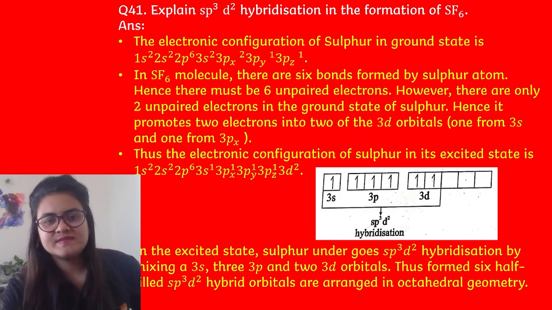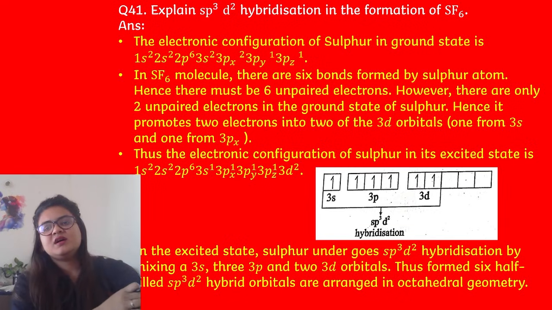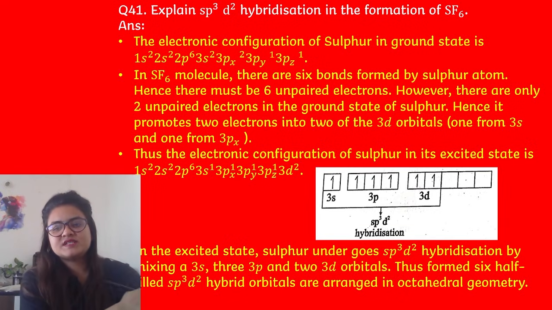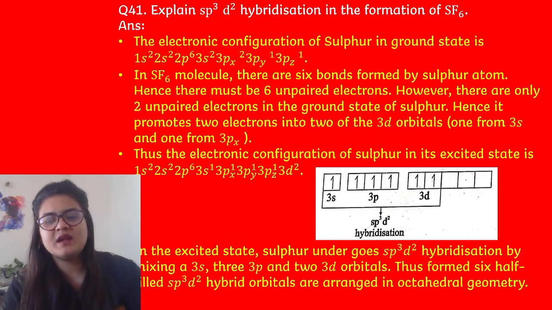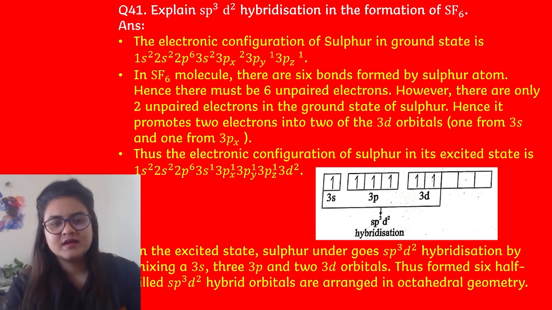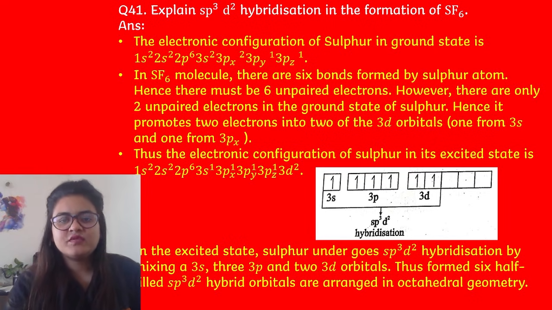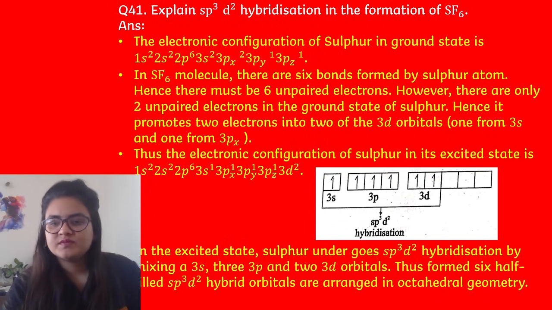Let's proceed. sp3d2 hybridization in the formation of SF6 molecule. Basically what happens in this case is unpairing of electrons takes place. Usually the sulfur ground state configuration is 3s2 3p4, right, 3s2 3p4.